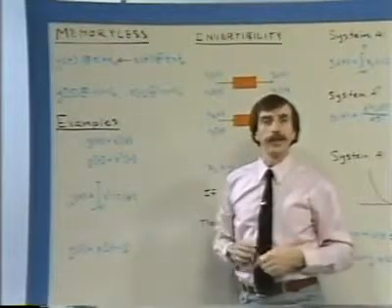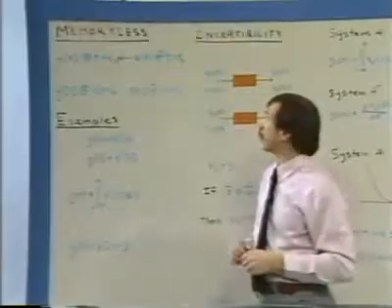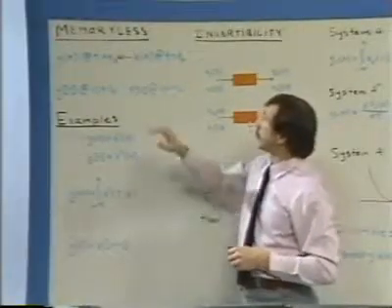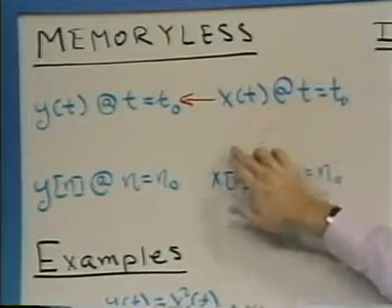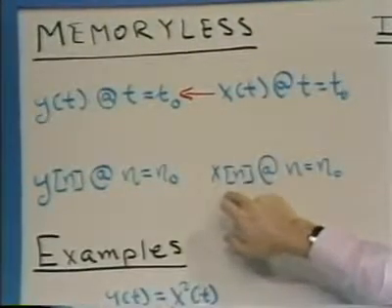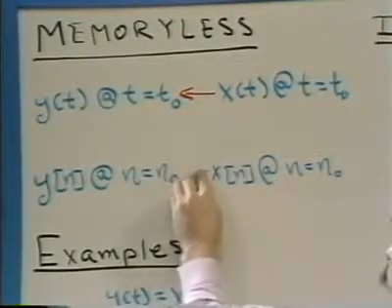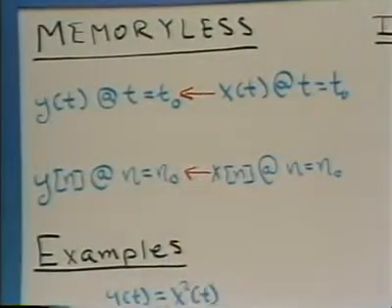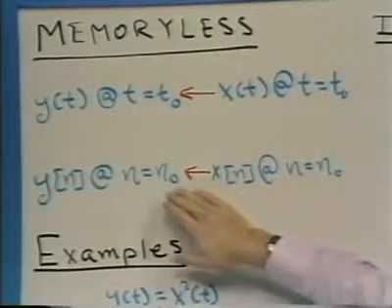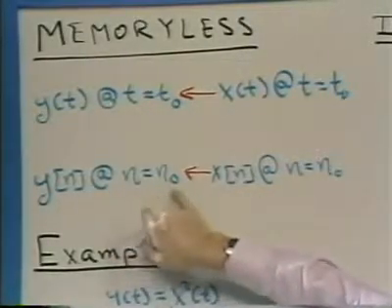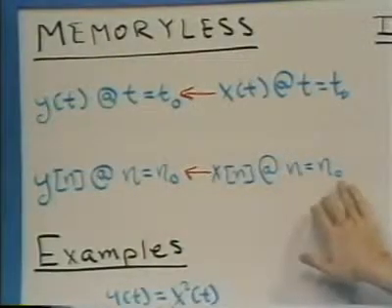And that definition applies both for continuous time, as I've indicated it here, and also for discrete time. And so we have a similar definition in discrete time, that the system is memoryless if the output at any given time depends only on the input at that time.